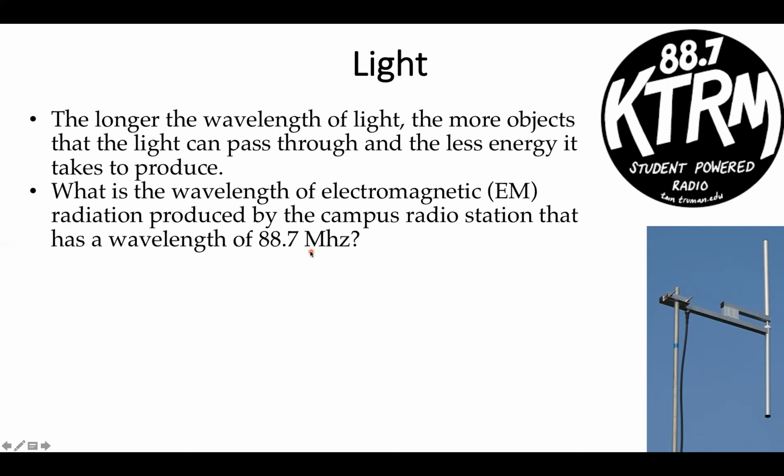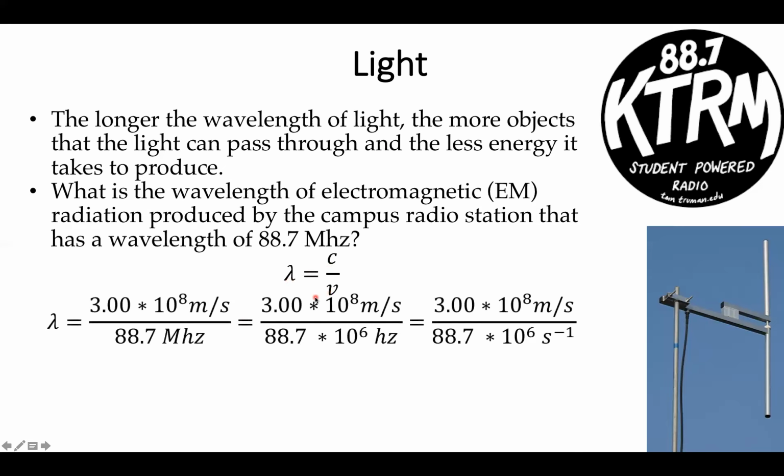So what's going to be the wavelength of that spectrum? So we can say, all right, wavelength is going to be our speed of light over frequency. So then we just have to plug in numbers. Big thing to watch here is that megahertz is going to be 10 to the 6th hertz. So we're going to want to go ahead and convert to make sure our units cancel out. So now we've got meters per second over per second.